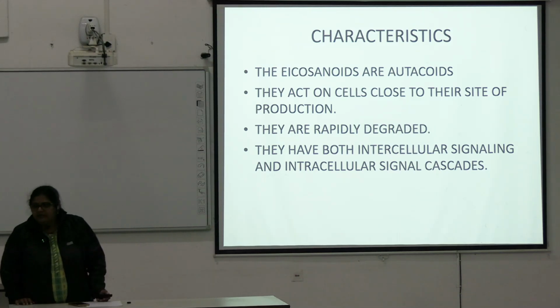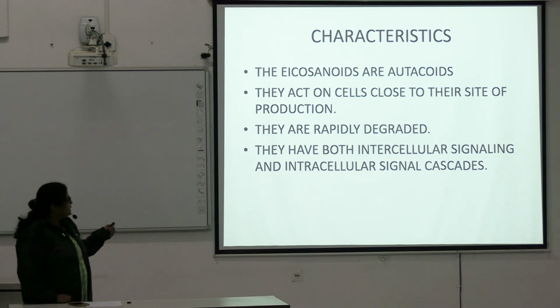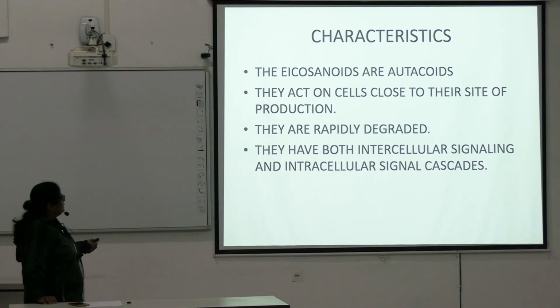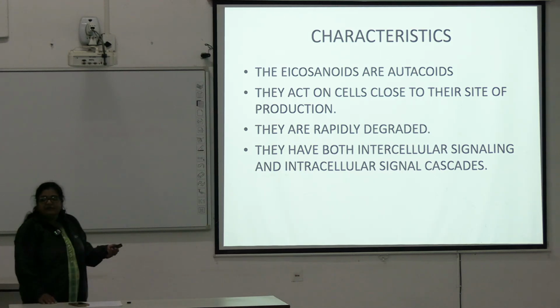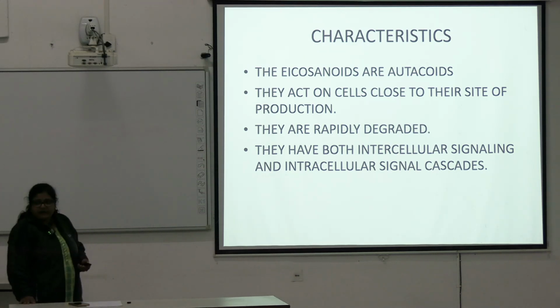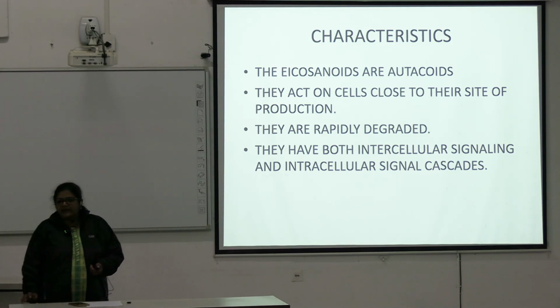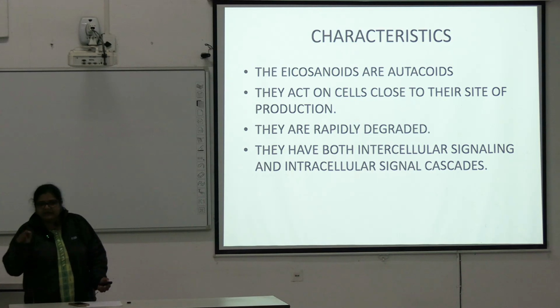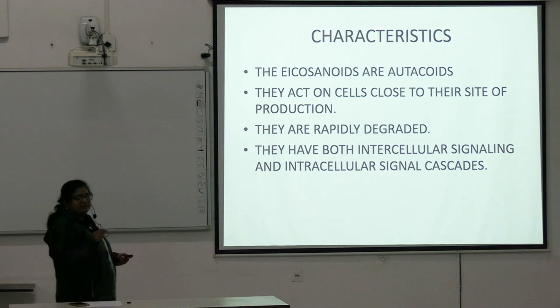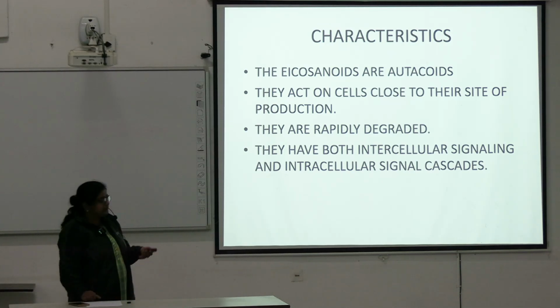That is the difference between hormones and autocoids or eicosanoids. They also act like hormones, but hormones act at a distal site, while eicosanoids act locally, very close to their site of origin.